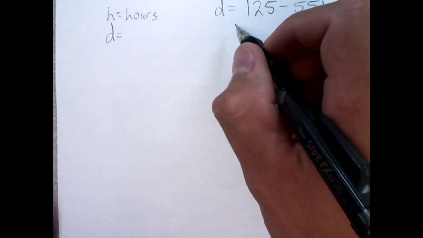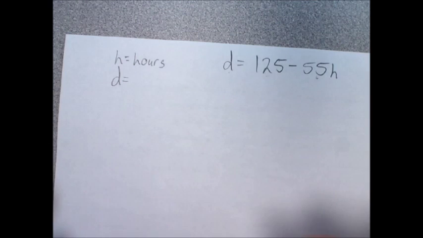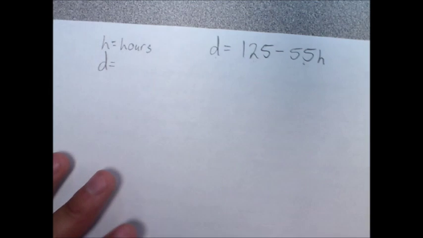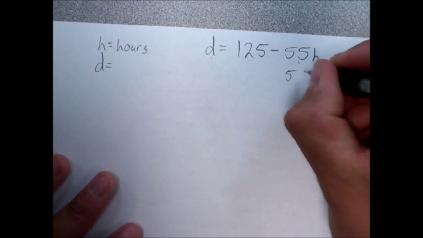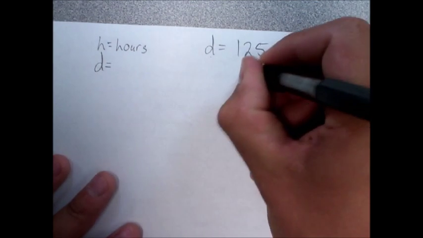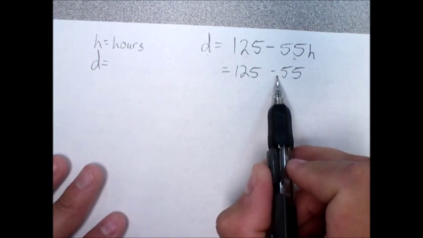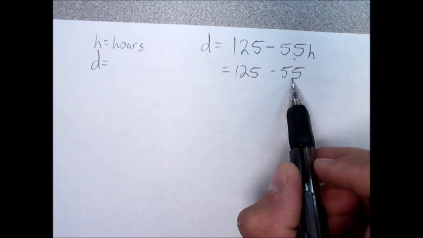D makes sense in this equation, so think about what it might be. It is a distance, but it is not the distance from his grandma's house to his house. Let's think about what's going to happen. Okay, let's just work up one of them. Let's say he's traveled for 1 hour. So we're going to plug in 55 times 1. So he goes from 125 miles minus the 55 he's already traveled.